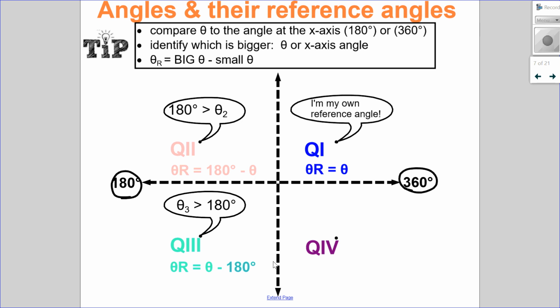Again, big minus small. In quadrant 4, 360 is the bigger measurement, so the reference angle can be found by doing 360 take away our angle. This is something I want you to commit to memory because we need to know how to find a reference angle in each of the quadrants.